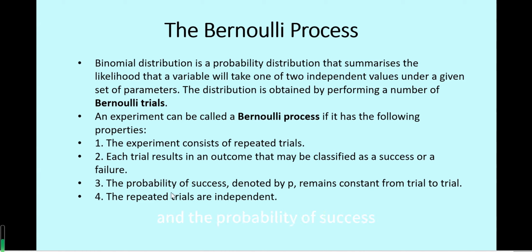And the probability of success, denoted by P, remains constant from trial to trial. And the repeated trials are independent, which means each trial has no effect on the result of other trials in a total of N trials.